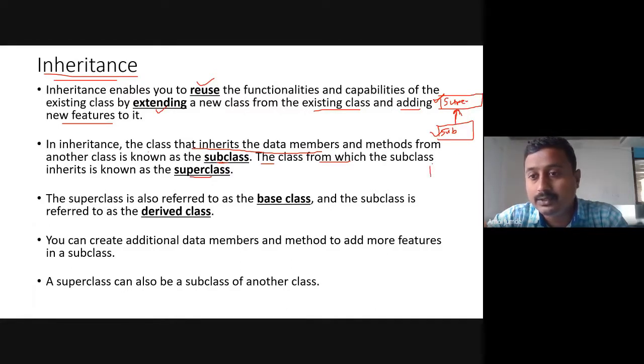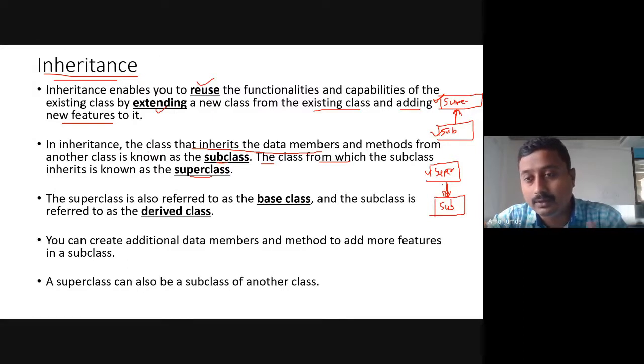In some literature you may find the diagram in this form also: super, and then you have a subclass. In some books you will find the diagram in this form. Now how to read this diagram? The features, methods or data members of the superclass are coming into the subclass. One and the same thing.